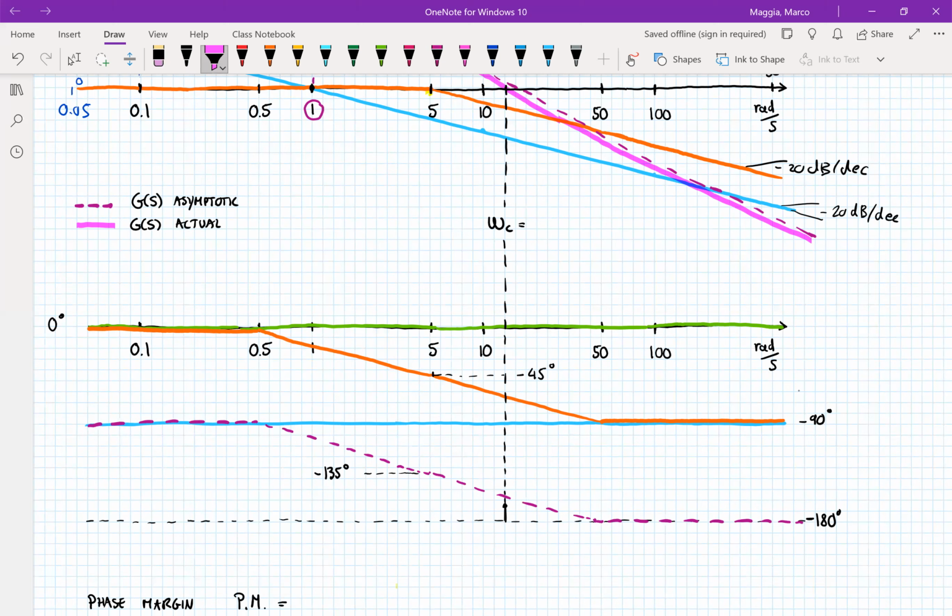So smoothing things out, we obtain an actual plot that sort of looks like this.